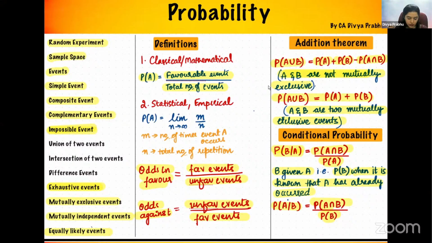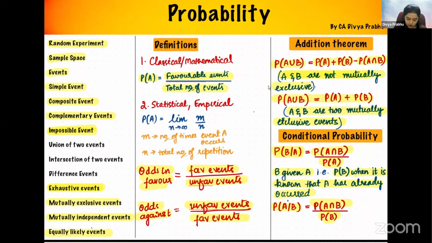Okay. So coming to the first basics of probability. First of all, what is a random experiment? So what do you mean by random experiment?